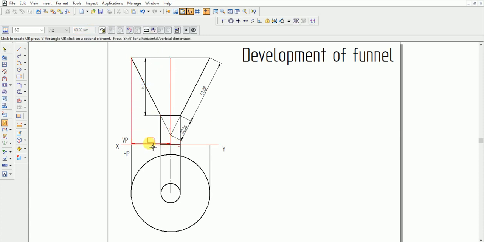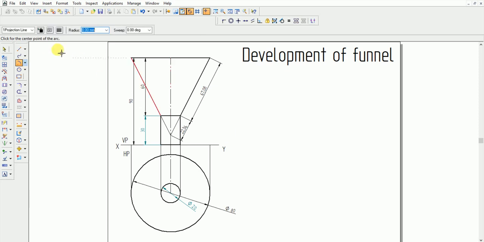So this is the height of the funnel, 90, which involves 60 mm to be the height of the frustum of a cone and the remaining 30 mm to be the height of the cylinder. Let us check the diameter as well. Okay, yes. Now let us start by drawing the visible line itself.